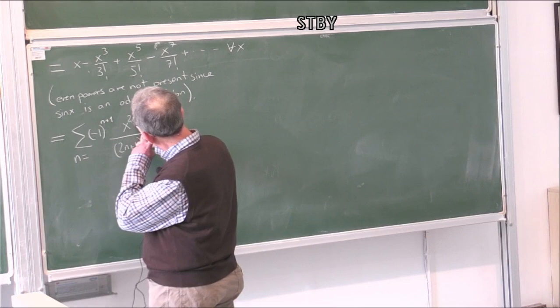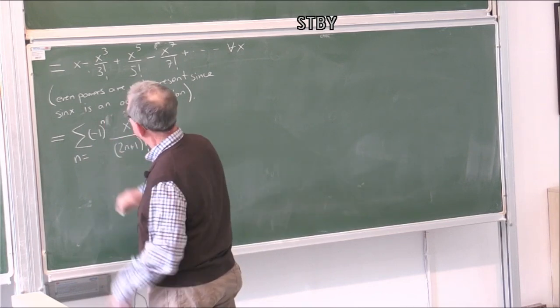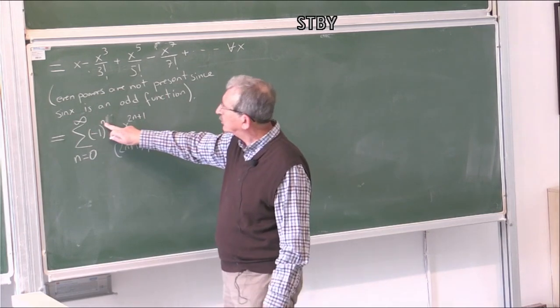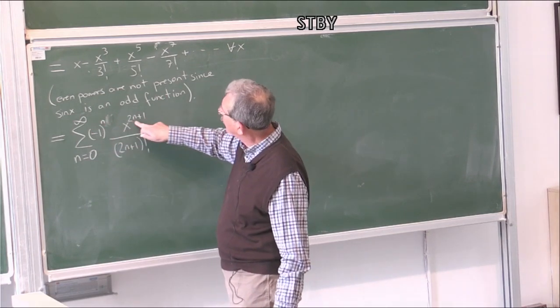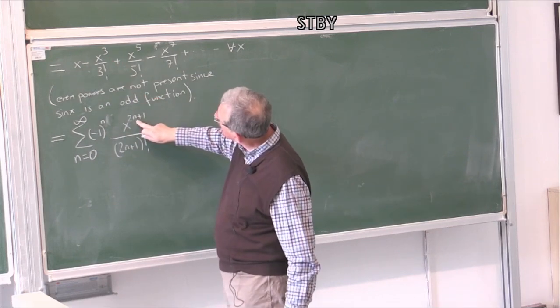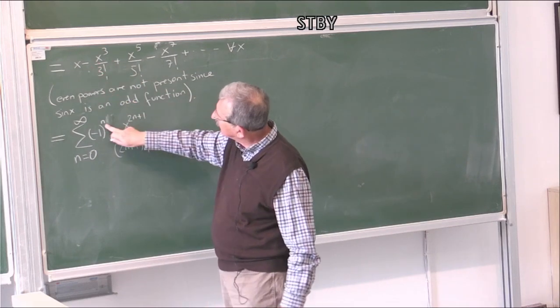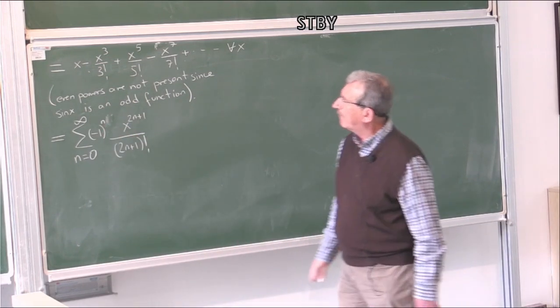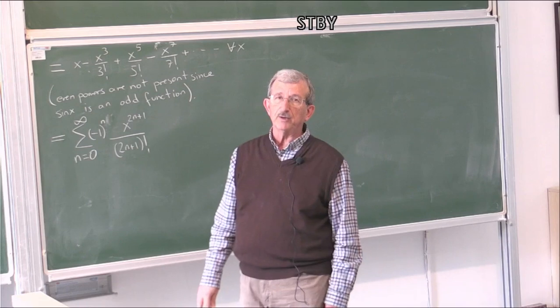When n is 0, the 0th power is 1, and you have the first term. If n is 1, the sign must be negative. It is negative. So this is indeed the closed form of the sine x expansion.